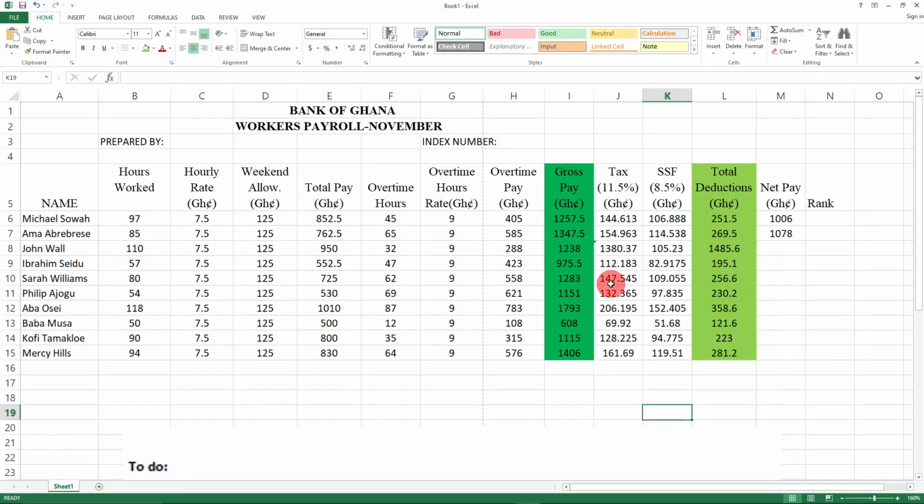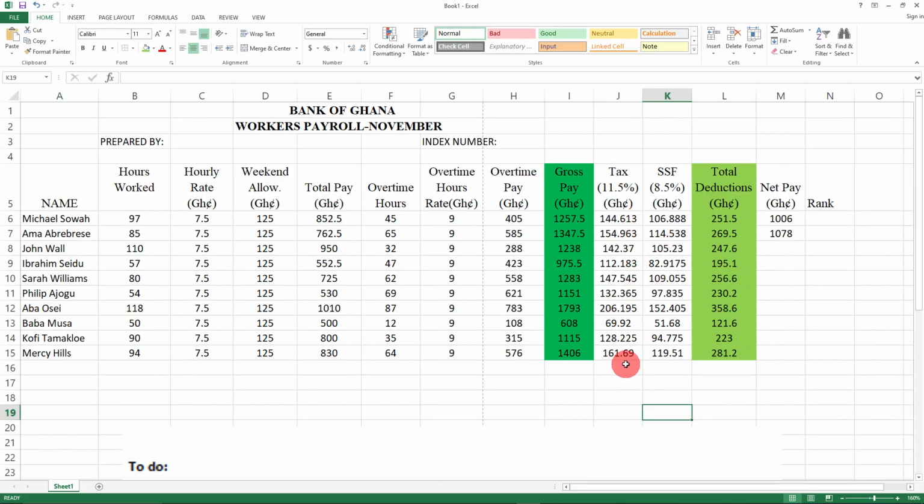For John, there's a mistake in the tax because of how I entered it. The 111 was supposed to be 11.5, not 111.5. So that's the reason why his pay jammed. I have to correct it so that you get the correct figures. Okay, so now we are getting correct figures.